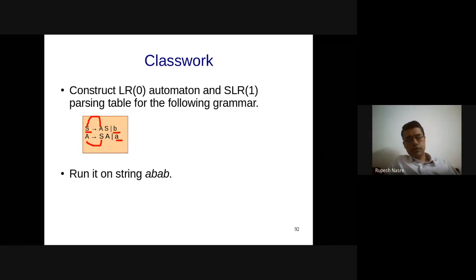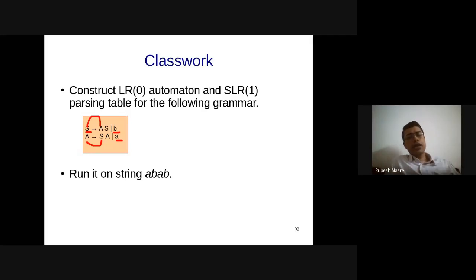Okay, Venkata Surya has also gotten 5. Okay, so S prime deriving dot S is the first item, that is the kernel item. From there we are going to construct the non-kernel items. Since it is dot capital S, I am about to derive anything starting from S, and therefore S deriving dot AS and S deriving dot B are going to be two additional non-kernel items.